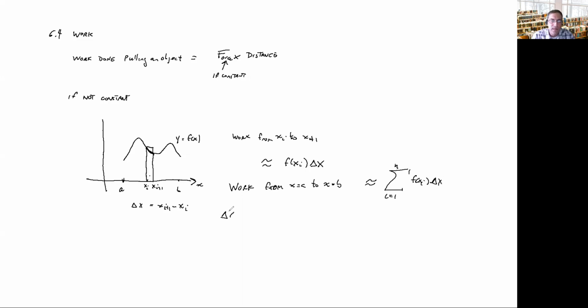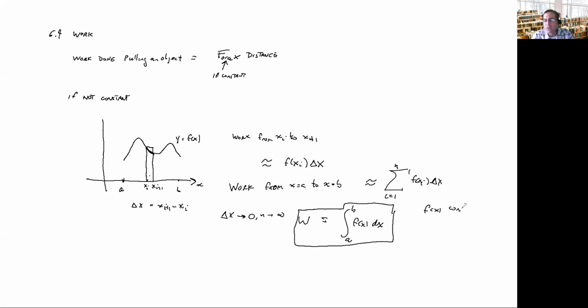And so we're going to take delta x going to 0, which means n is going to infinity. The number of points we take between A and B gets large, and that becomes a definite integral from A to B of f of x dx. So that's the work, and that's not an approximation anymore. It's going to be an equality. And here we're assuming the force is continuous. So let's assume f of x is continuous on [A, B], so the definite integral is actually defined.